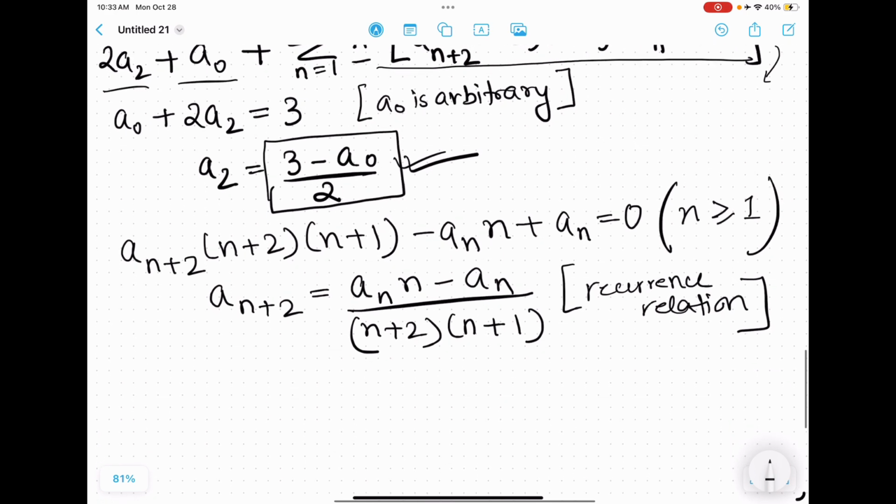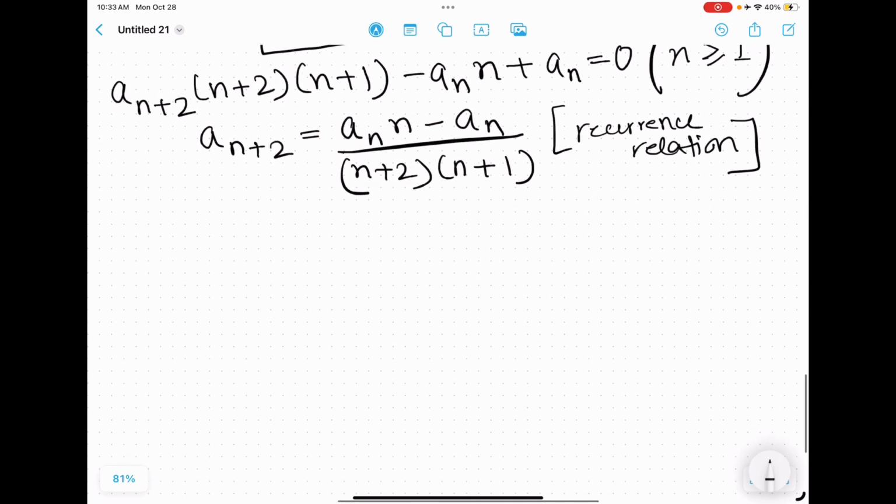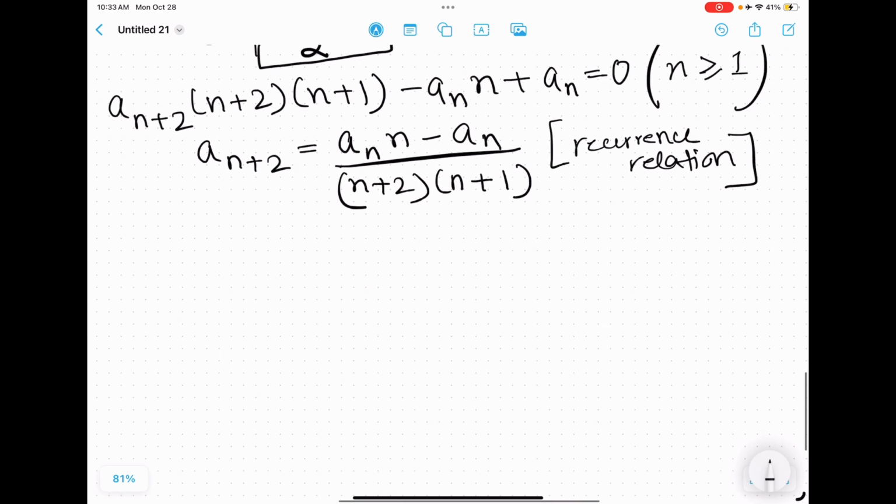Okay. Now in this question, I have to generate some terms using my recurrence relation, so I can find my coefficients. So let's go ahead and do that. So I said that this is valid when n is greater than or equal to 1. So let's go ahead and find some terms.